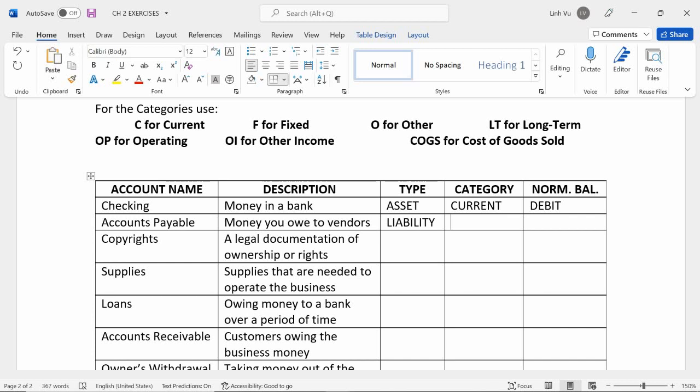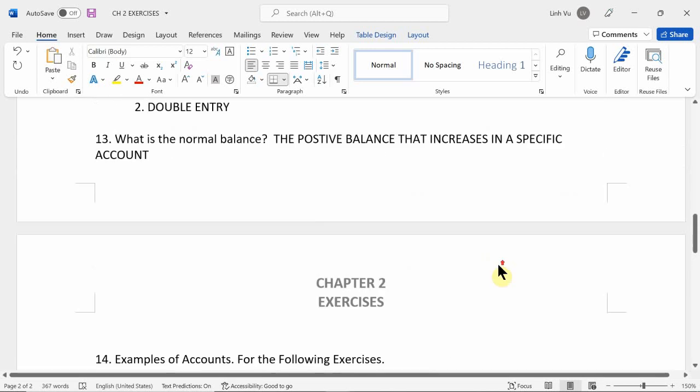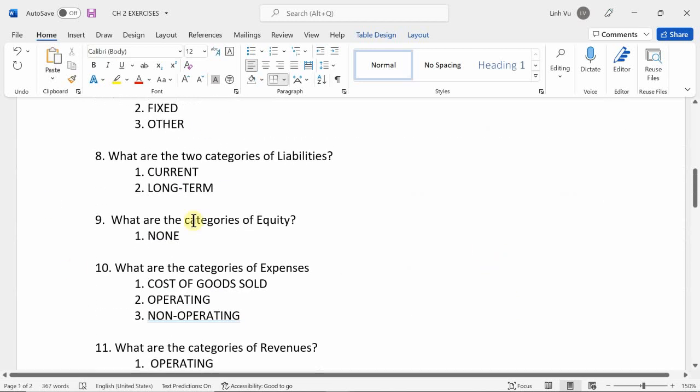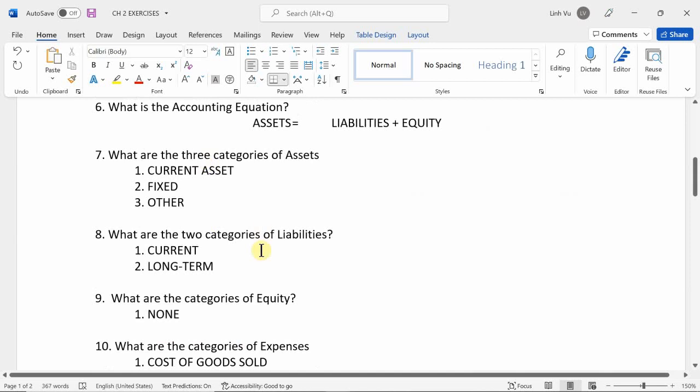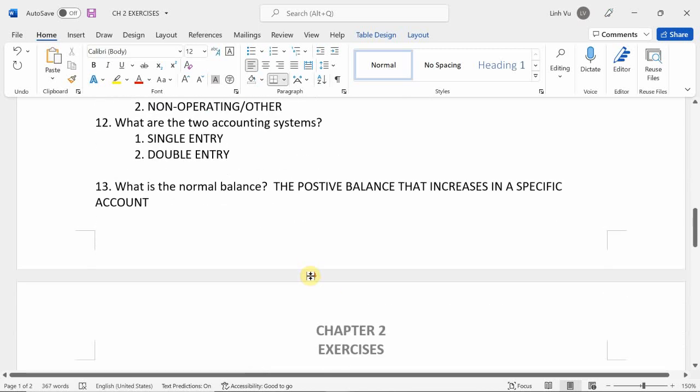Operating? There's no such thing as an operating liability. Okay. For fixed, there's no such thing as a fixed liability either, right? Let's go back and refer to what you guys learned up here. What are the categories of liabilities? Current and long term.